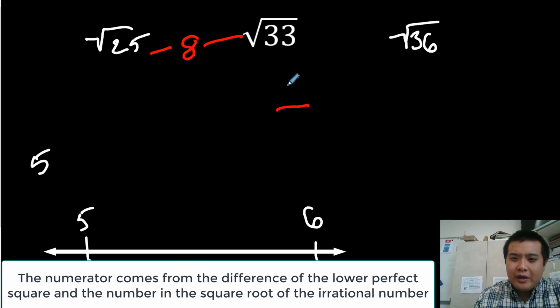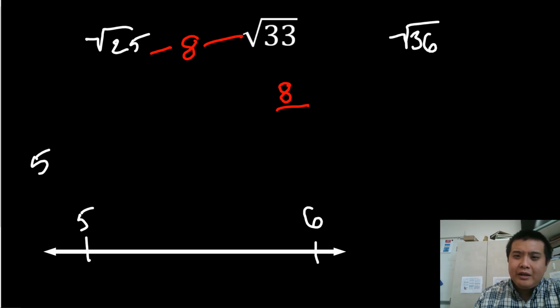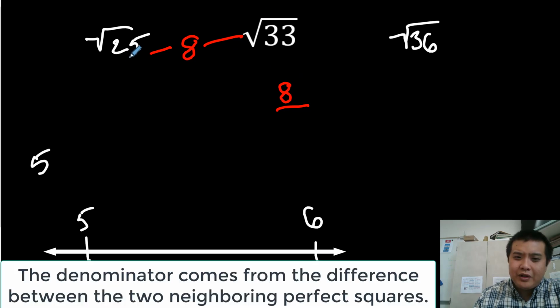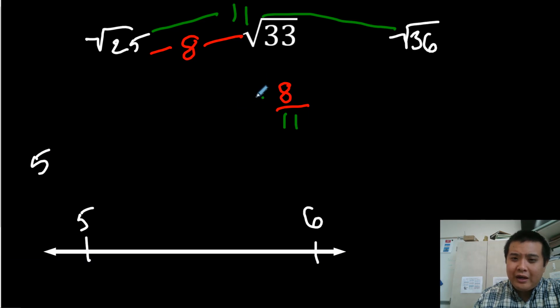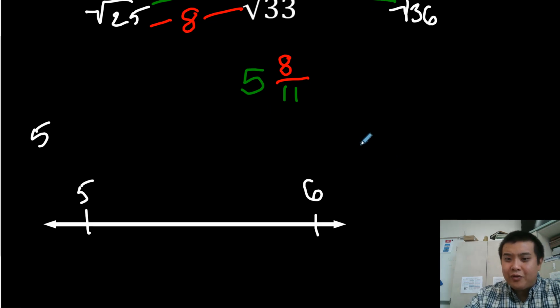So 8 goes right here. Then the denominator is going to come from the difference between the perfect squares that are next to our number. So the difference between 36 and 25 is 11. So we're going to say that our estimate is going to be around 5 and 8/11.